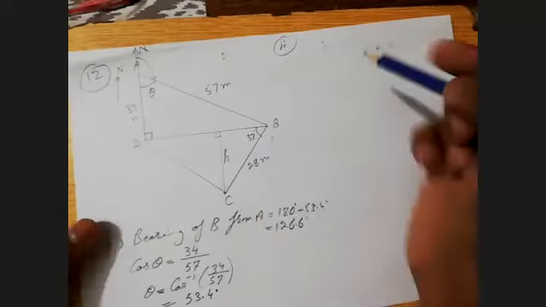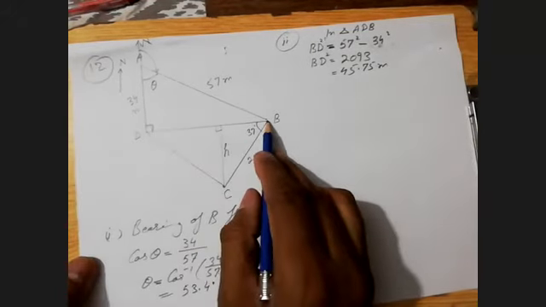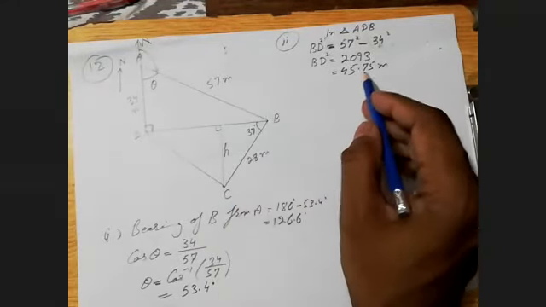Okay, well, now let me see that. Okay, here negative sign will not come because this is hypotenuse. Now, I have found out this BD, which I got 45.75.